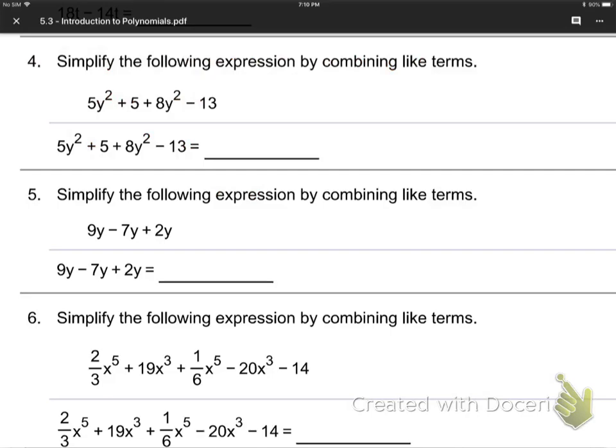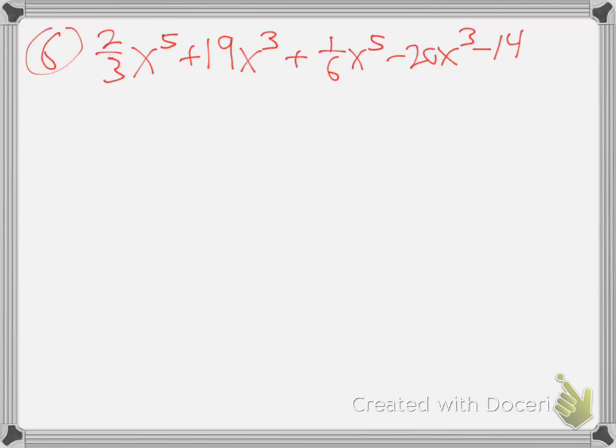I think I got it right? Yeah. Okay, same kind of thing. Combine like terms. I'll give you a second. See if you can combine those like terms.